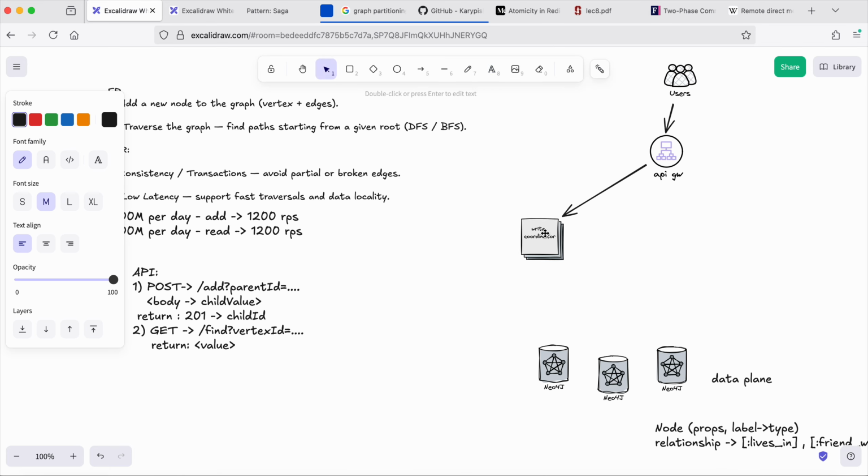Let's imagine that we are adding a new node. First of all, we should find the parent.